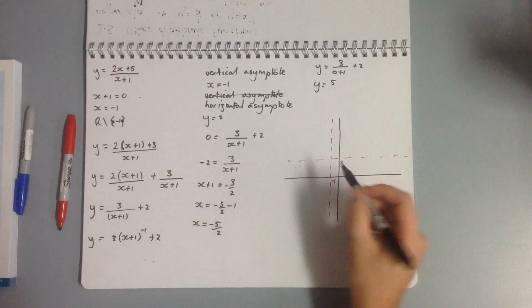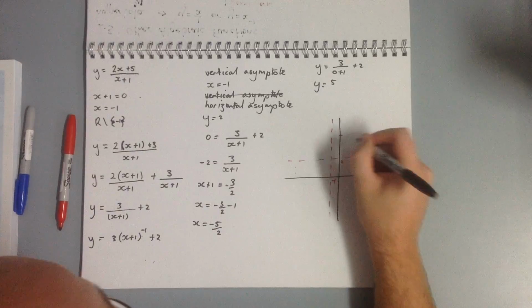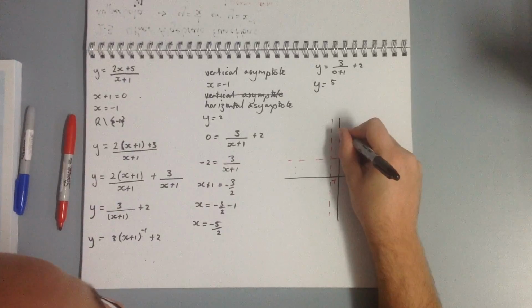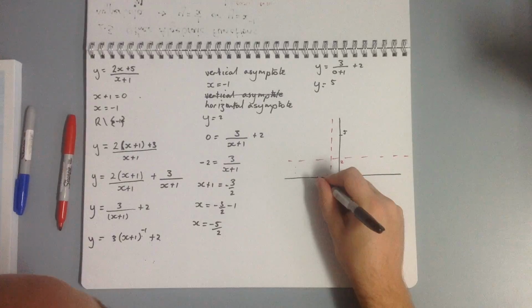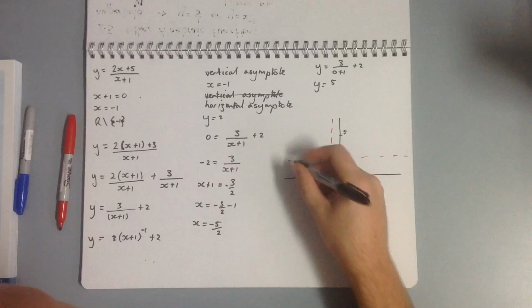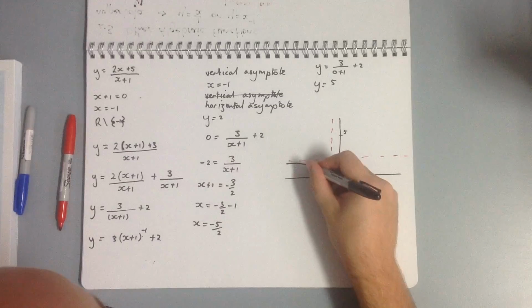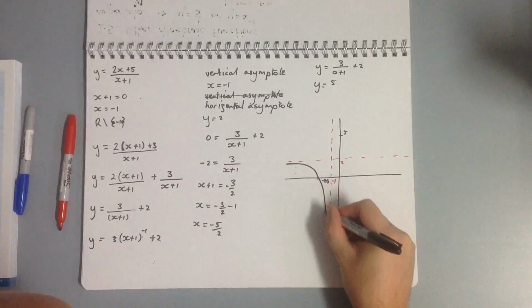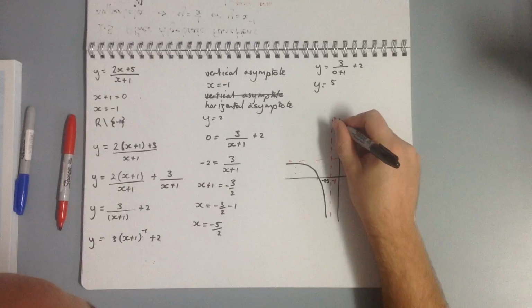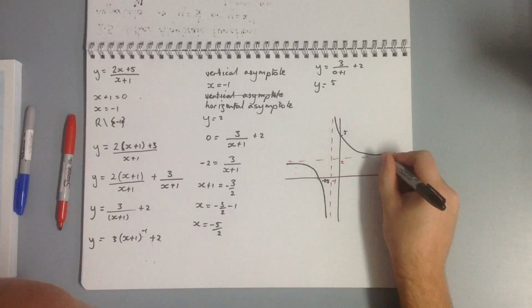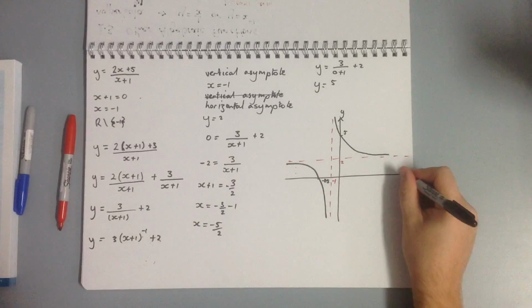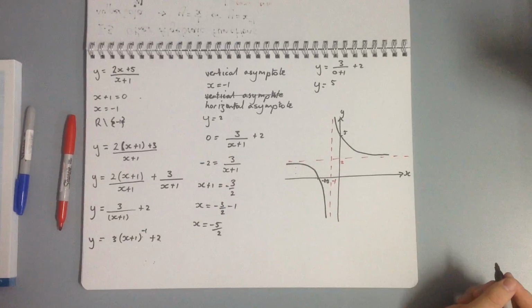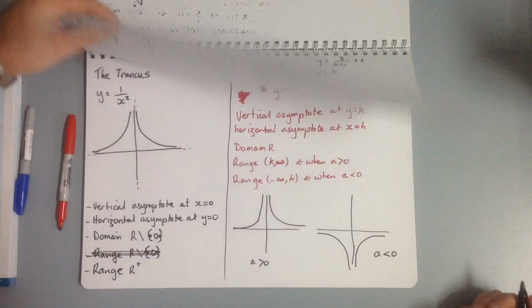And we know we have a y-intercept up at 5, and an x-intercept at negative 2.5. And now I can draw our graph. It'll be something like this. And of course we need to label our axes. Alright, we'll keep moving on.